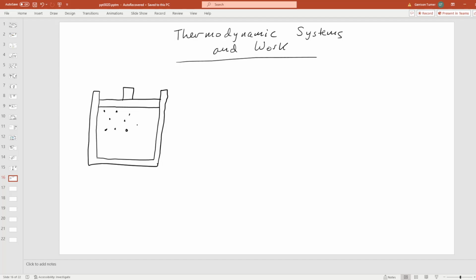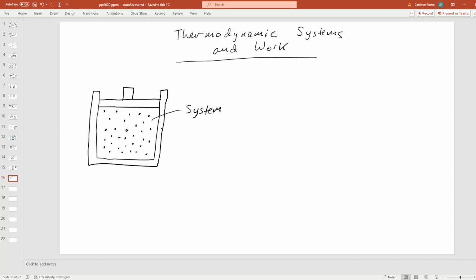If it's this gas and its properties, its total mass, its density, its temperature, pressure, volume, internal energy, the velocities of the particles on average, all of those kinds of things, then this is our system.